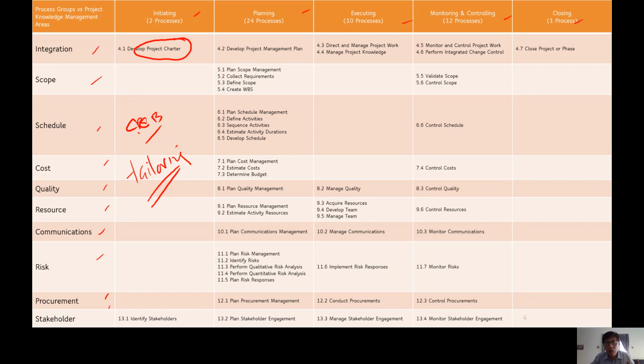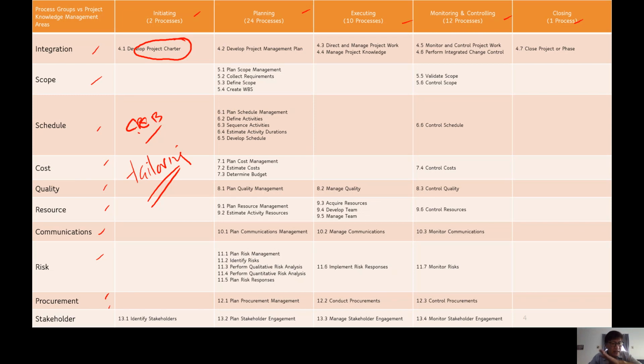How many processes, how deep are we going to go? How elaborate is our compliance and regulation of the project work, commensurate with the project we are undertaking, right? So just be smart. That is the concept of tailoring.